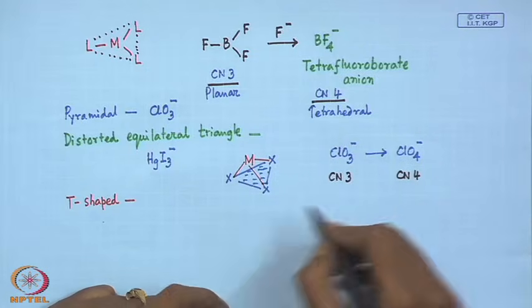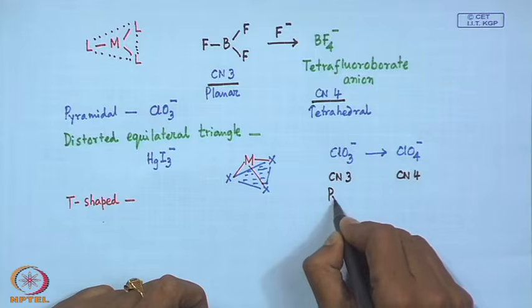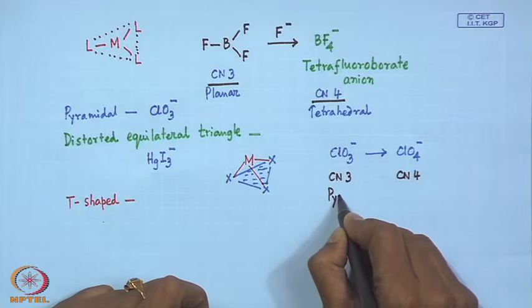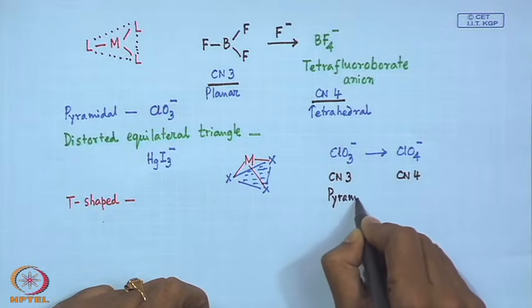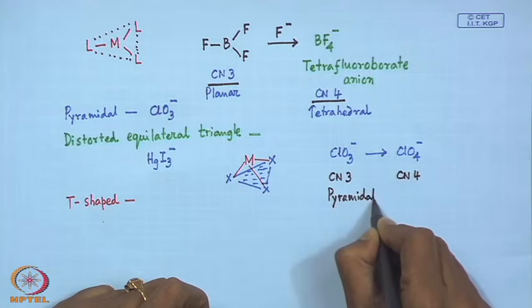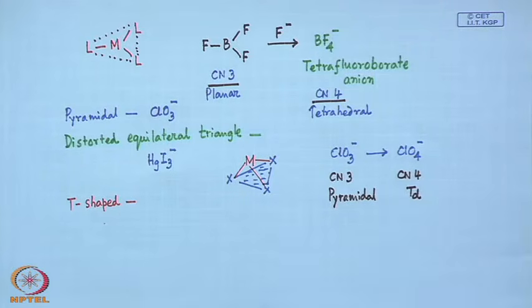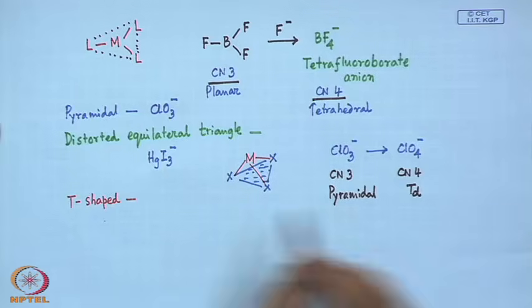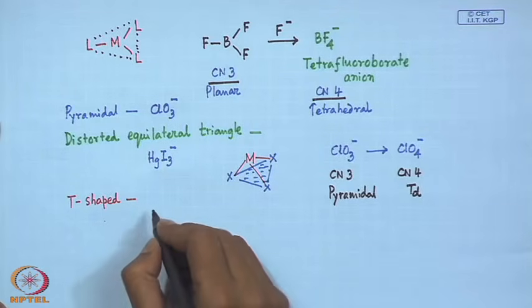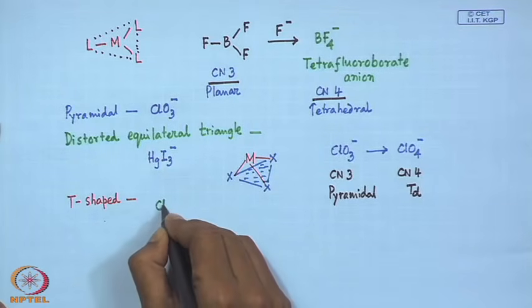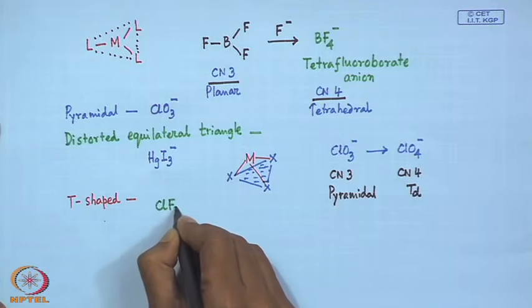Here, instead of a planar structure, we have pyramidal to a tetrahedral geometry. So, the best example of an inorganic molecule having a T-shaped structure is ClF3.